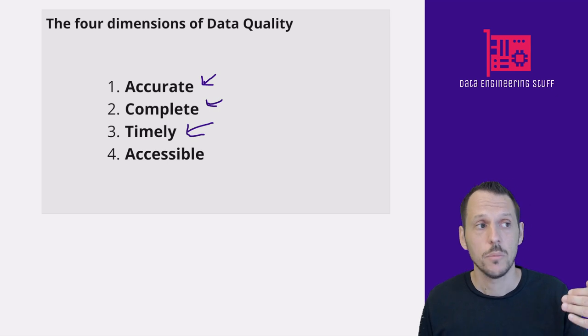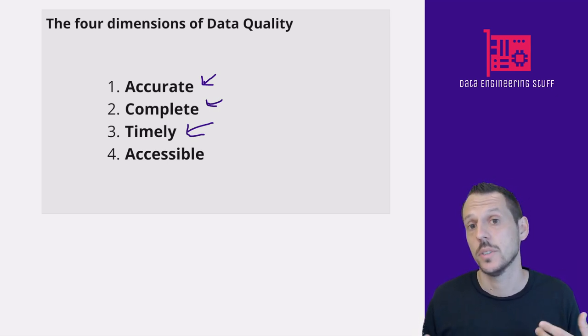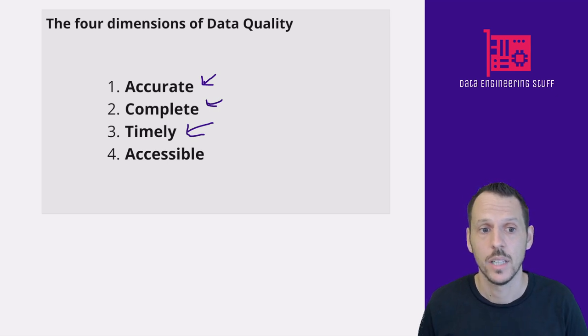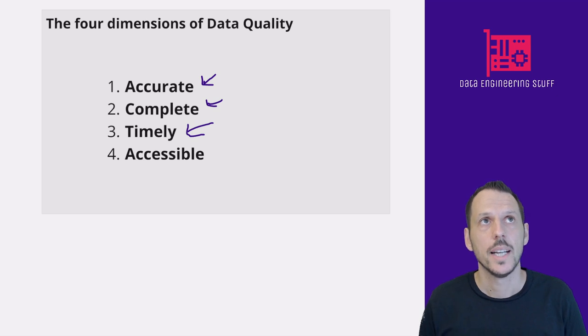If you get that within nearly no time delay, you have timely data. Of course, this makes sense because if you imagine you have totally accurate and complete data, but the data is totally outdated, it would be not that useful.